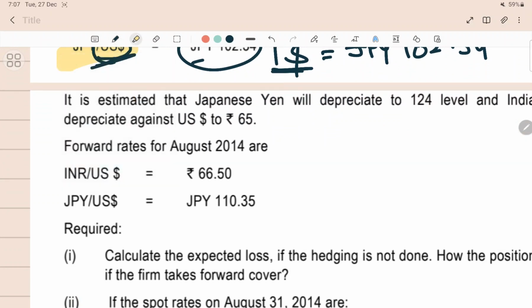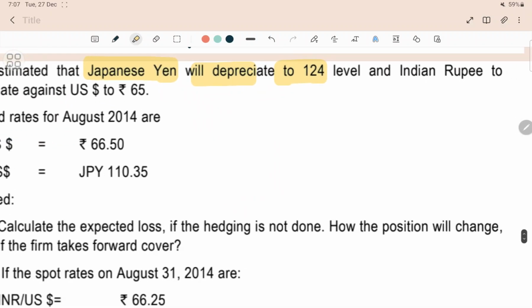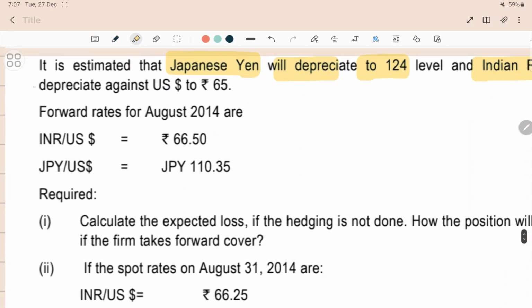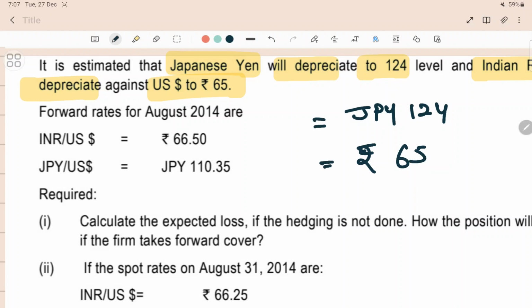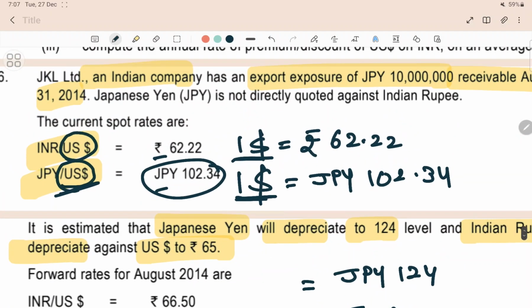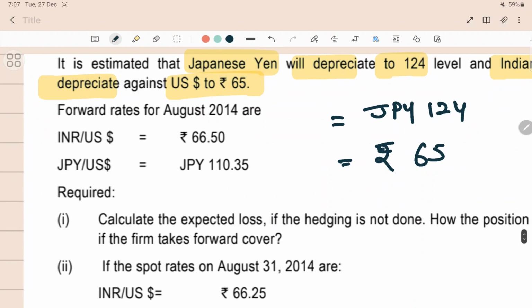It is estimated that the Japanese yen will depreciate to 124, and rupee will depreciate against dollar to 65. Means now JPY becomes 124 and rupee becomes 65, both against dollar. Because the quotes given to us are direct dollar quotes for rupee and for yen. So this is $1 is equal to 124 yen and $1 is equal to rupee 65.